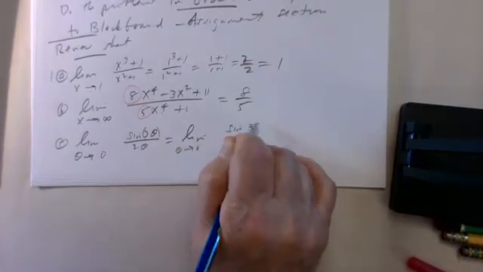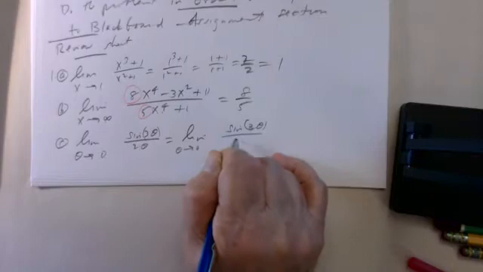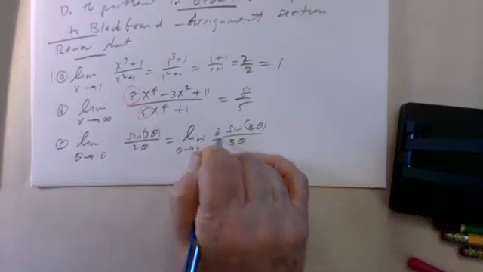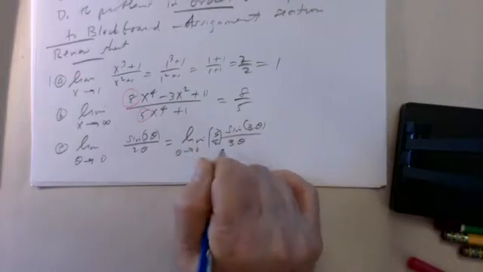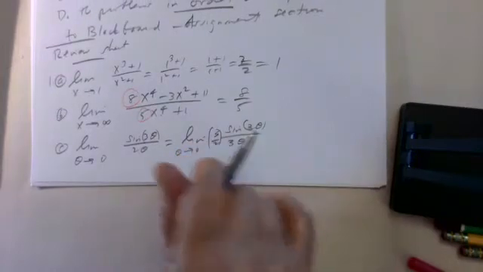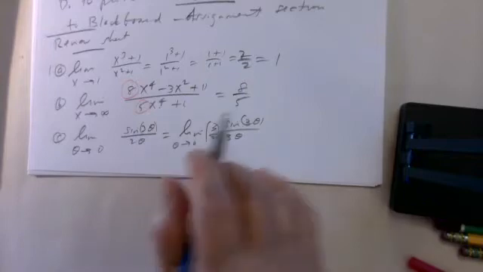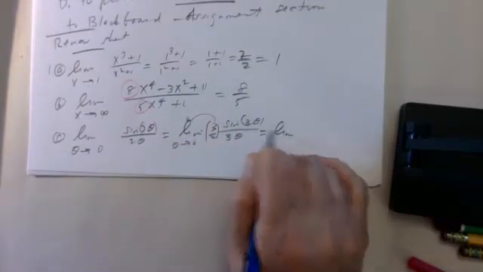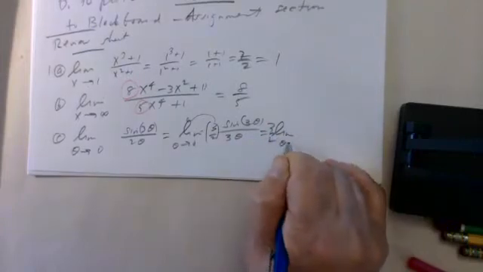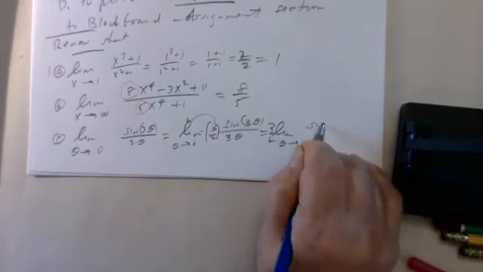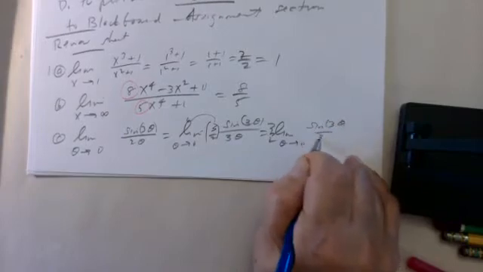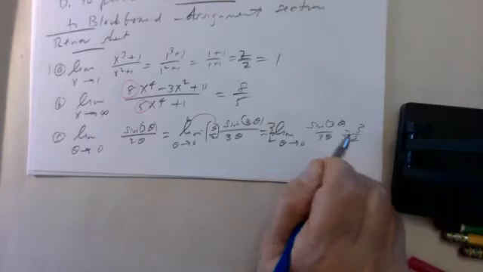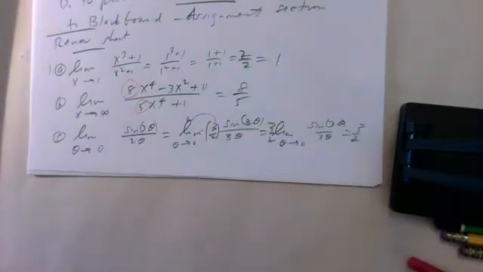But 2 theta is the same as 3 theta times 2/3. So I can take the 3/2 outside the limit: 3/2 times the limit as theta goes to 0 of sine of 3 theta over 3 theta. This limit is 1, so it's just 3/2 times 1 or 3/2.